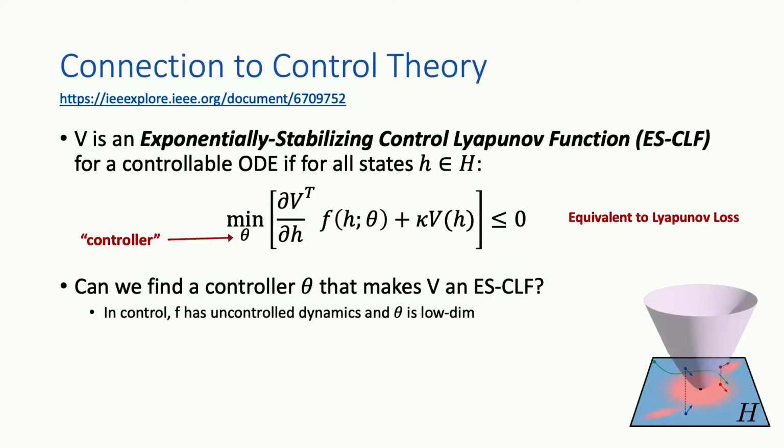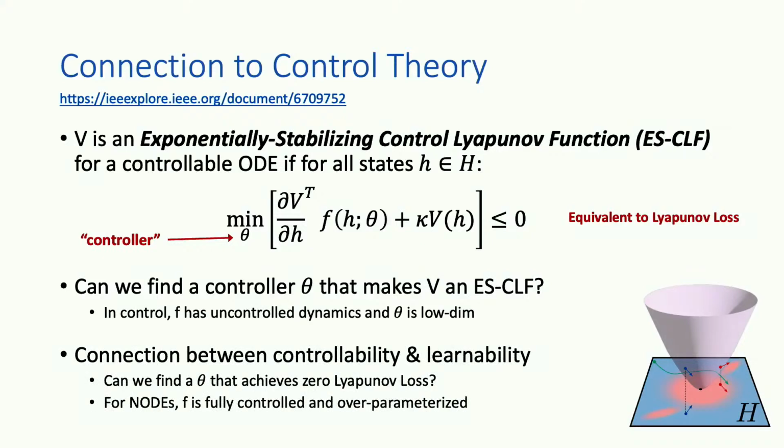And so we can take this interpretation and ask the question: can we find a controller theta that makes this potential function an exponentially stabilizing control-Lyapunov function? Now, normally in control, F has uncontrollable dynamics, like gravity or whatever, and theta is relatively low-dimensional.